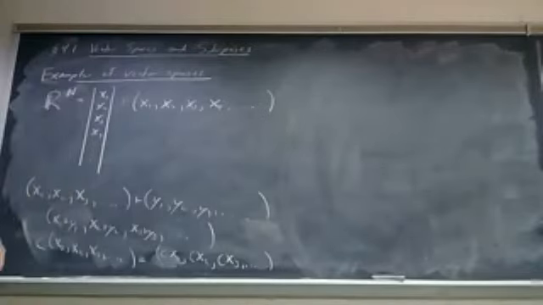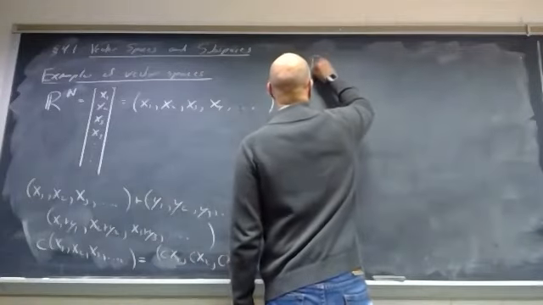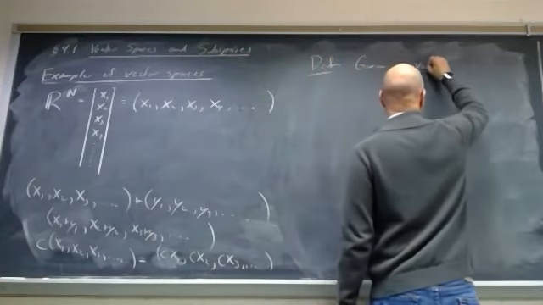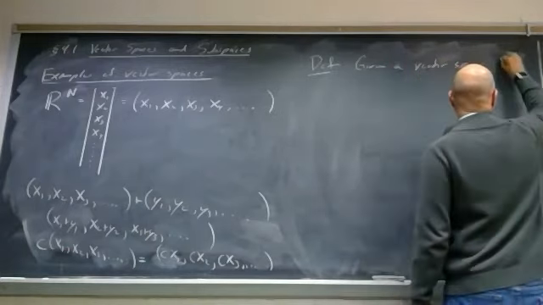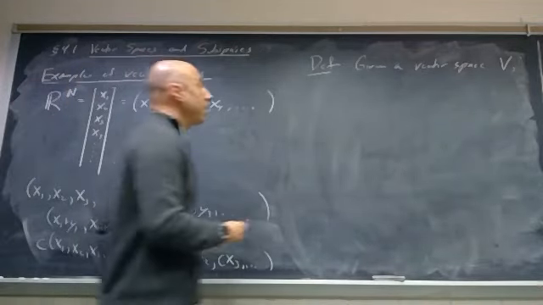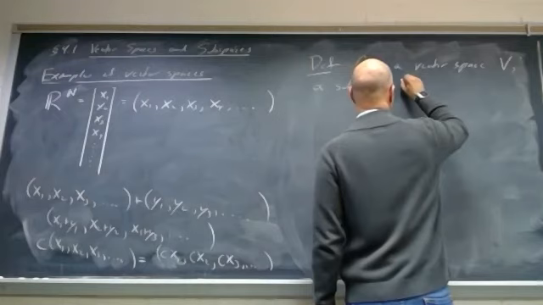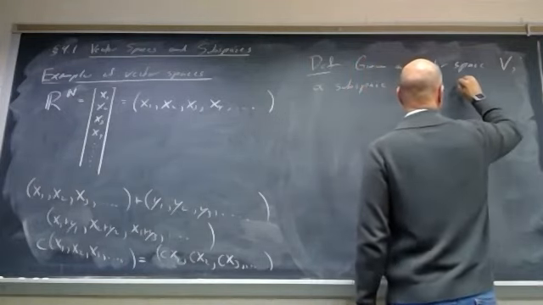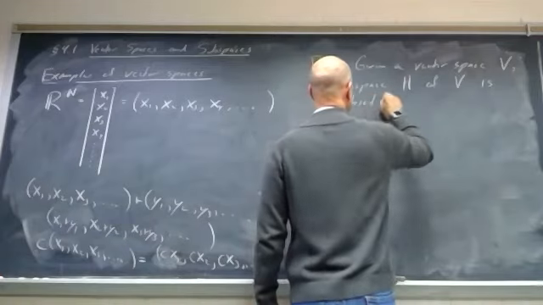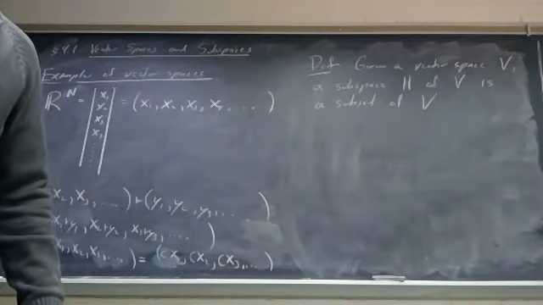Let's see. Let me talk about what a subspace is. Given a vector space V, a subspace H of V is a subset of V. So we're going to take some of the vectors in V that has three properties.